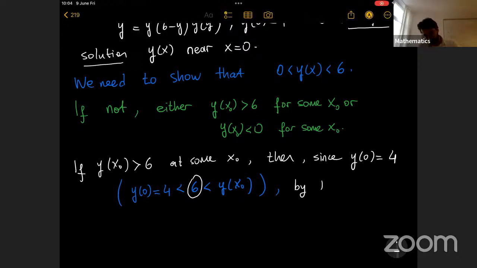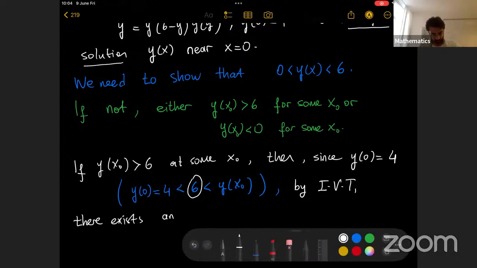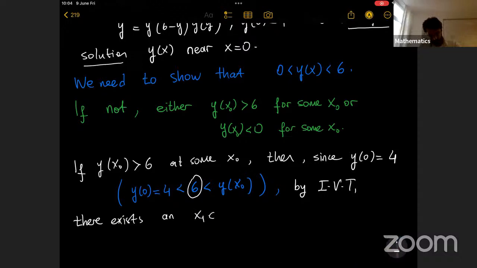By intermediate value theorem there exists an x1 which is between 0 and x0 such that y of x1 is equal to 6.